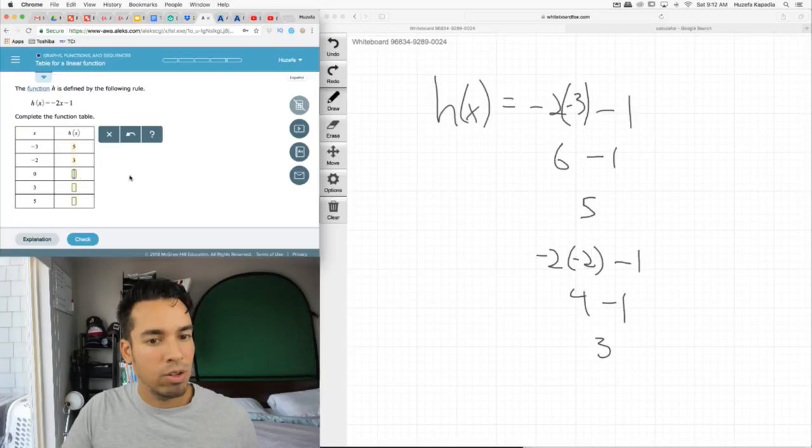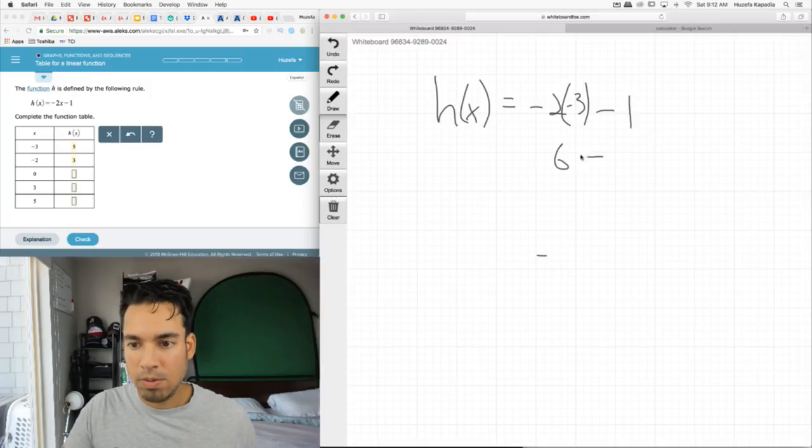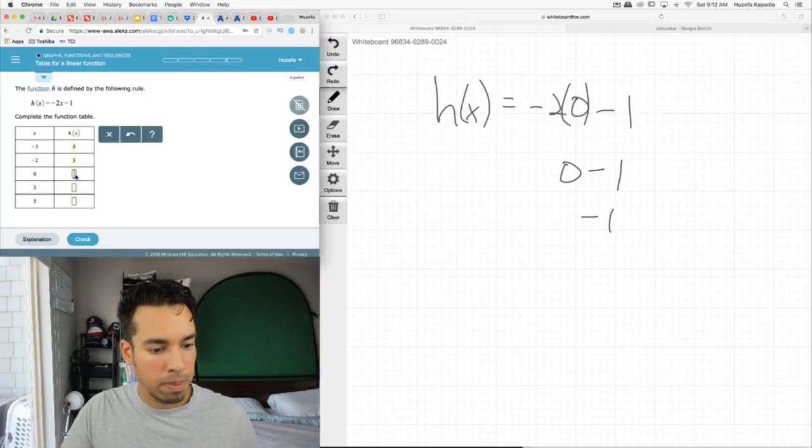When I plug in 0, this becomes really nice and easy because, let's go back to the original. That value becomes 0. Negative 2 minus 0 is 0 minus 1, which is negative 1.